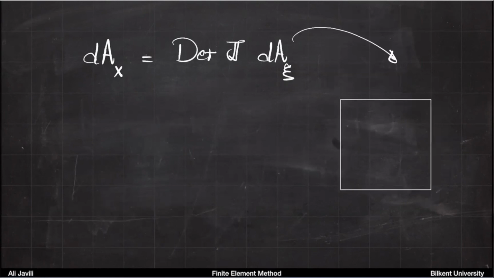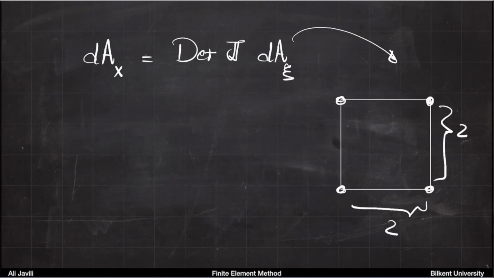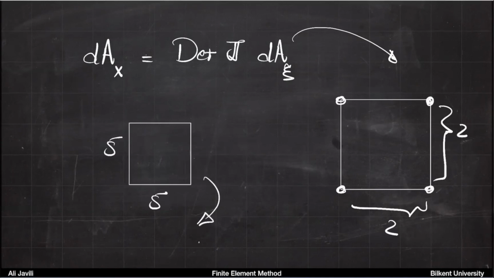So if you think of our natural coordinates for a four-noded quadrilateral, each side is going to be 2. Now let's say the same element in the physical space has each side of 5. Now the area of this would be 25. The area of this is 4.